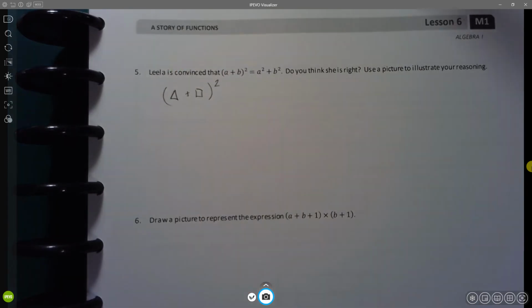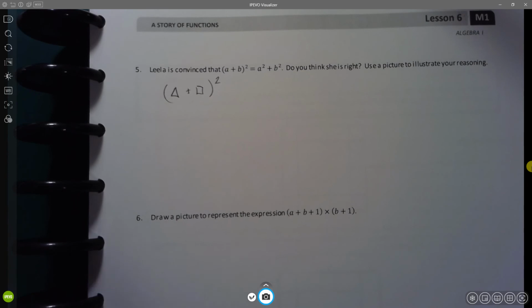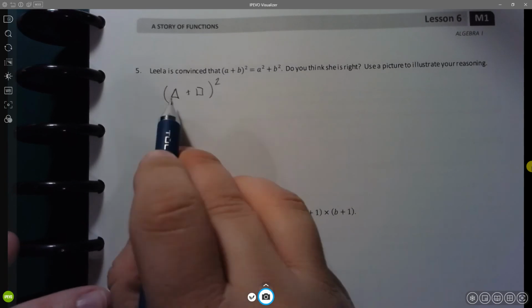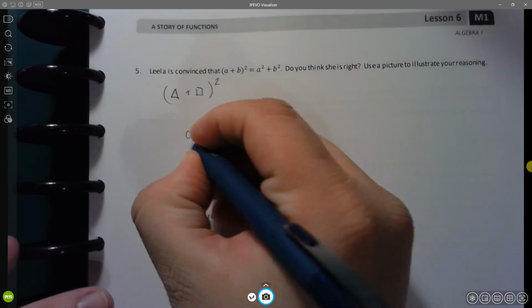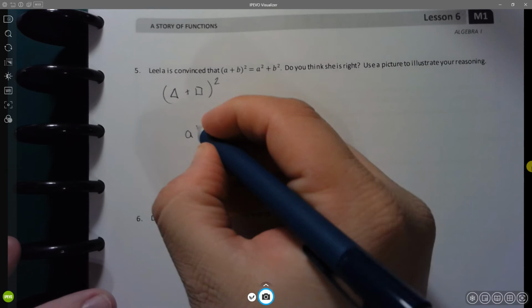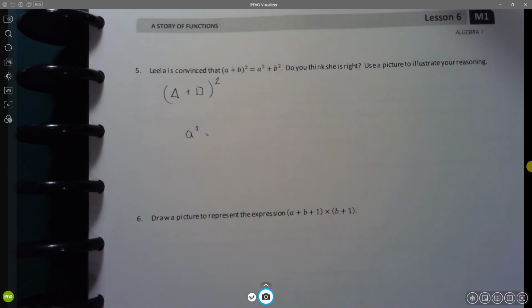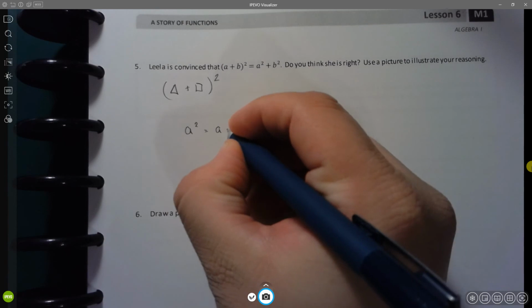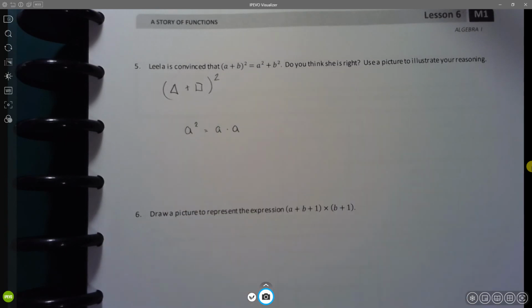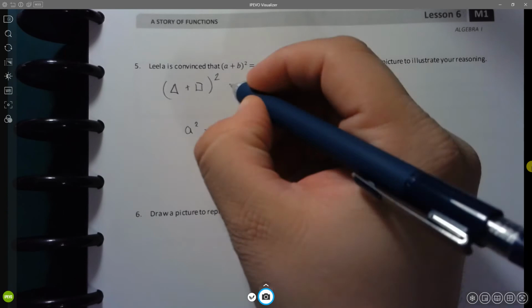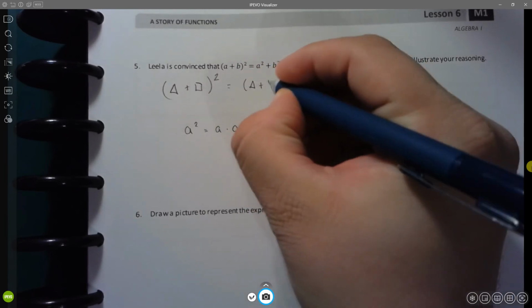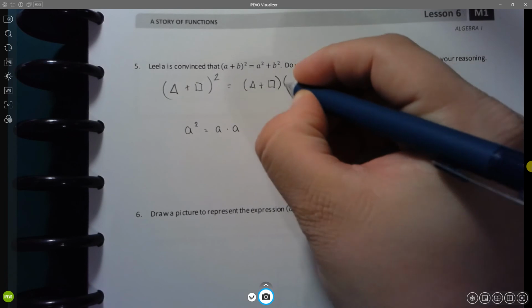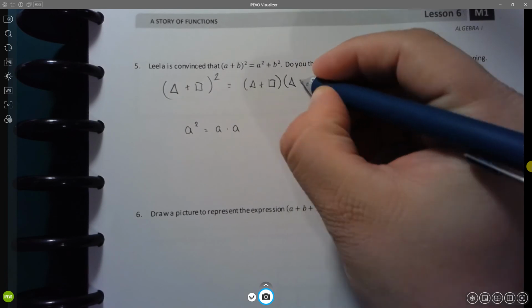I'm going to do a little bit of substitution here. Let's say instead it's a single variable, a, and a is being squared. If you remember that a squared is the same as a times a, then we can simply state that this is the same as saying triangle plus square times triangle plus square.